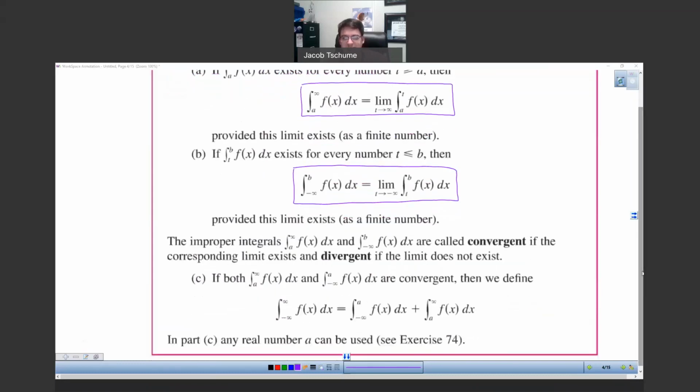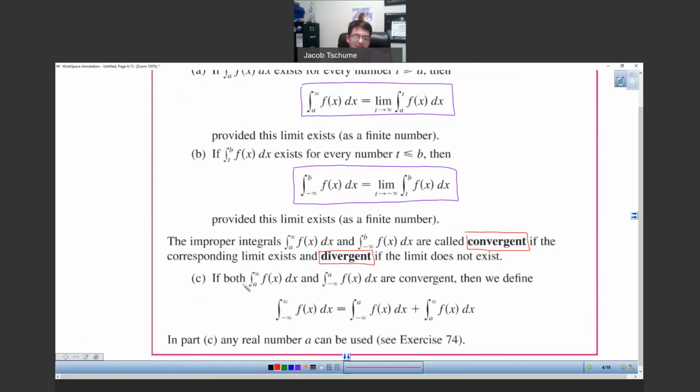In the end, if you are able to solve either one of these integrals, then we can say that the improper integral is defined as being convergent. Versus if it's not possible to solve the integral, or if you get a limit that does not exist, then you will say that your improper integral is divergent.